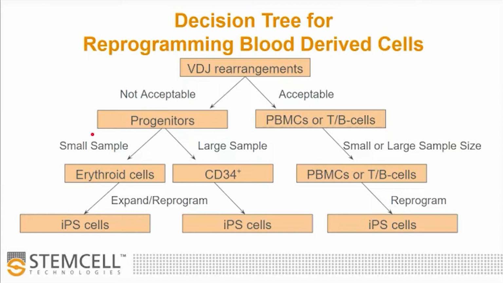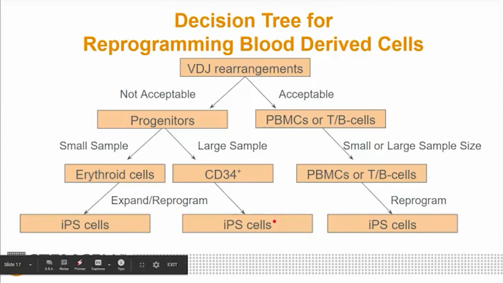What do I mean by large or small? If they have access to a large amount of blood, typically that means greater than 50 mLs. One of the best options for them is CD34 reprogramming. So taking those very few CD34 cells that are available in a large sample of blood, so greater than 50 mLs, and reprogramming those cells to iPSCs.